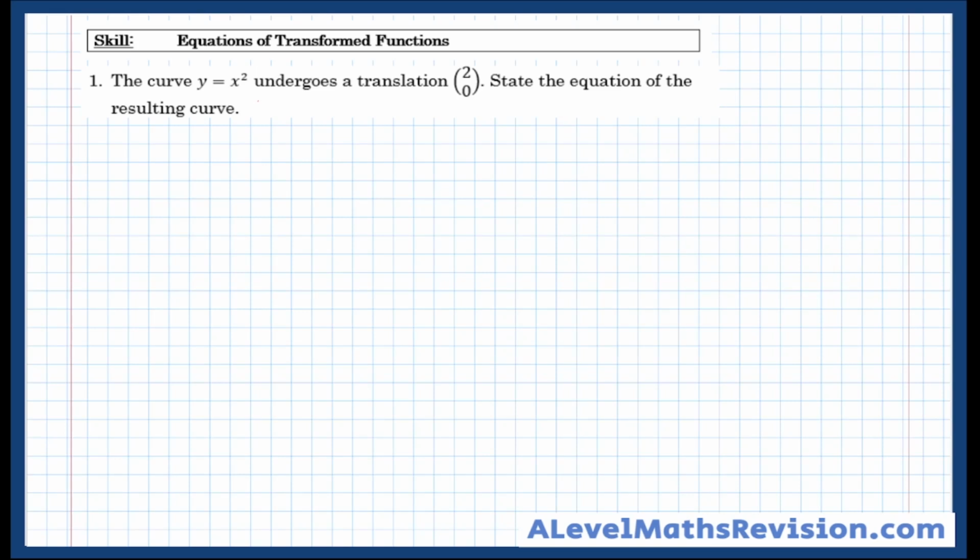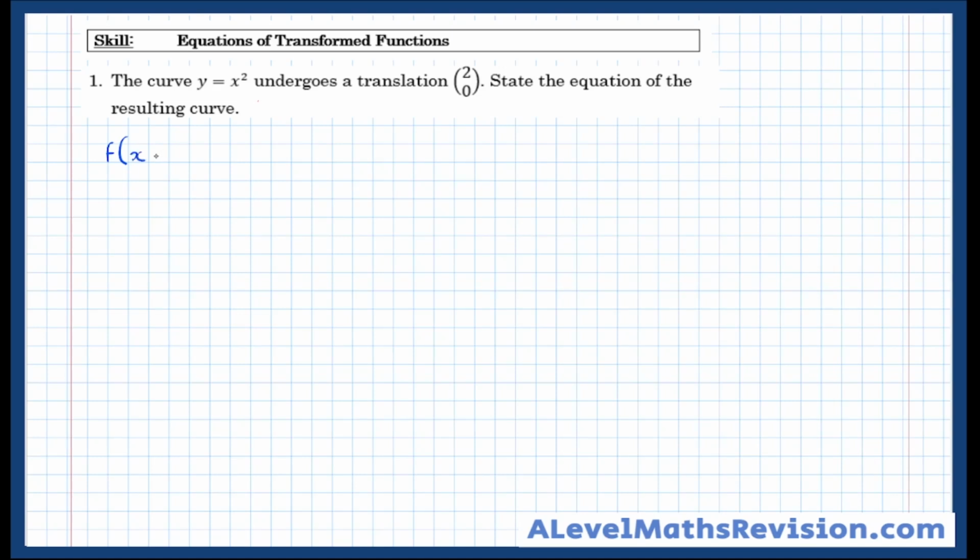So the curve y equals x squared undergoes a translation (2, 0). State the equation of the resulting curve. Now, I always find it helps to write these out in function notation first of all. So f of, and because it's happened to the x values, it happens on the inside, and it does the opposite of what it says.